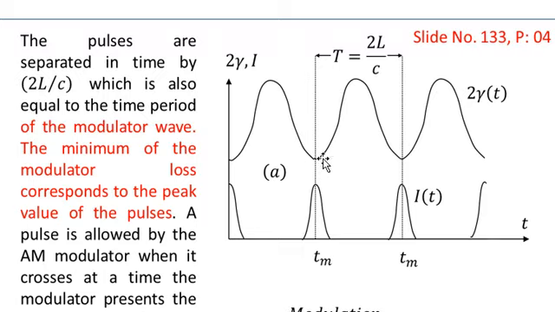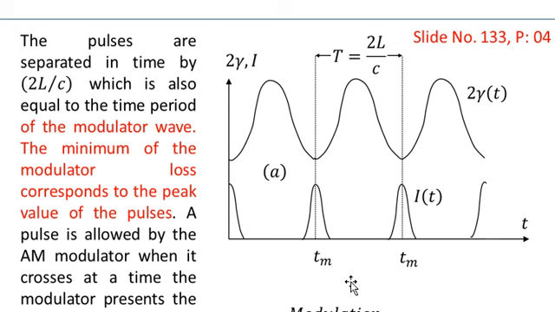That is, when the modulator presents a minimum loss to the laser cavity, the laser will be at the minimum loss. The laser pulse will propagate and oscillate in the laser in the form of steady state laser operation. And of course the pulses will also come out from the laser as output, and these pulses are represented by the function I of t, which is the intensity as a function of time.